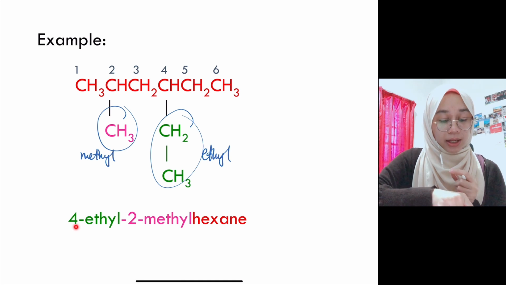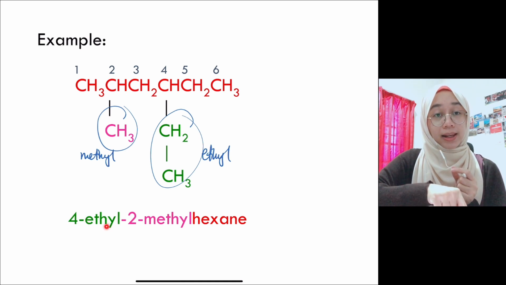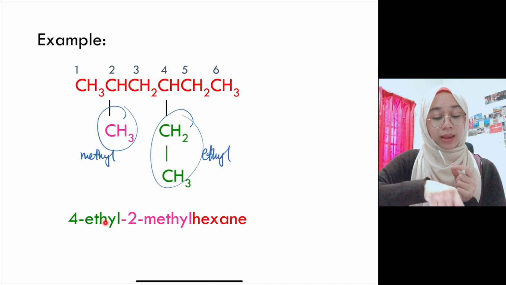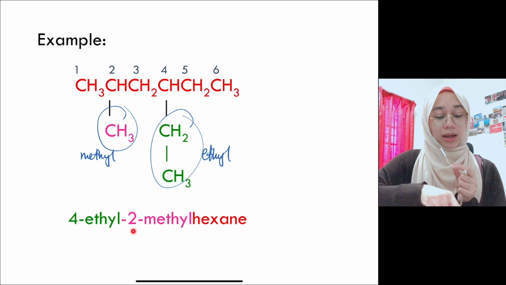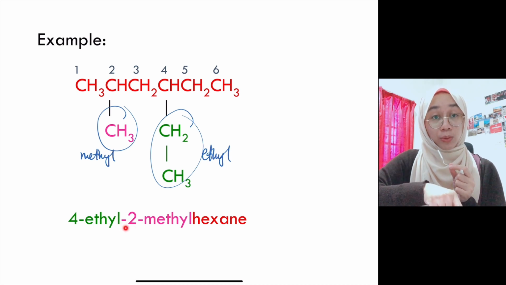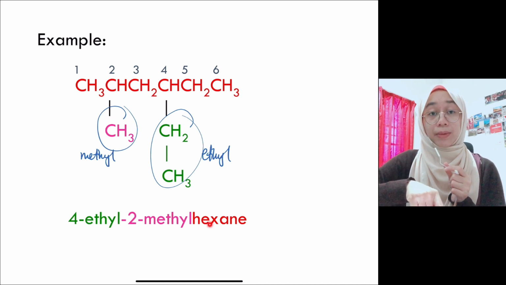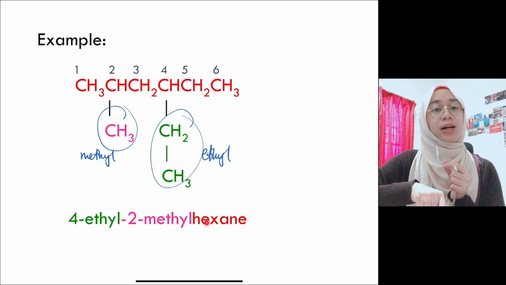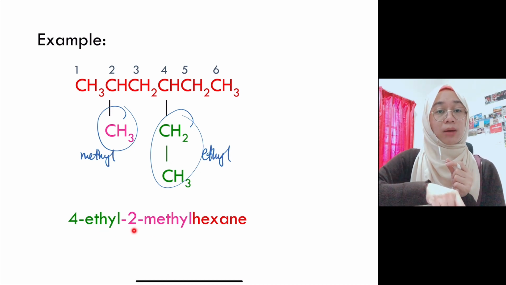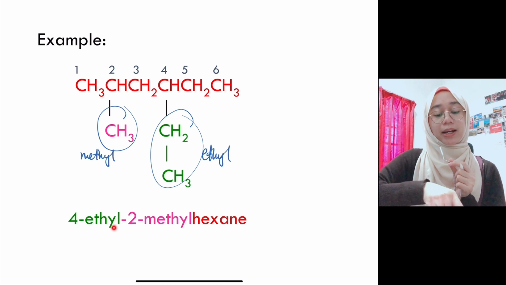And as you can see here, class, there is a dash after ethyl, because this is between number and name. Okay, and then between ethyl and number 2, which is the position of the methyl. Again there is a dash in between. And then between number 2 and methyl there is a dash, but in methylhexane there is no dash because it is name with name. Okay, so be careful. Name with number, no matter whether the name is in front and the number behind, must be separated with a dash.